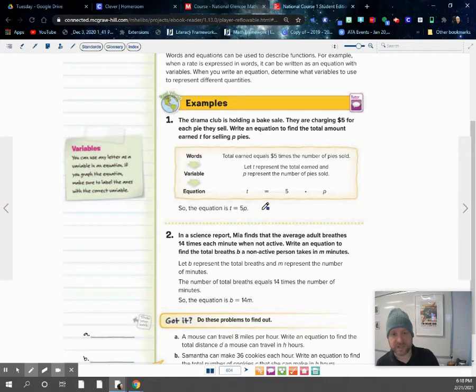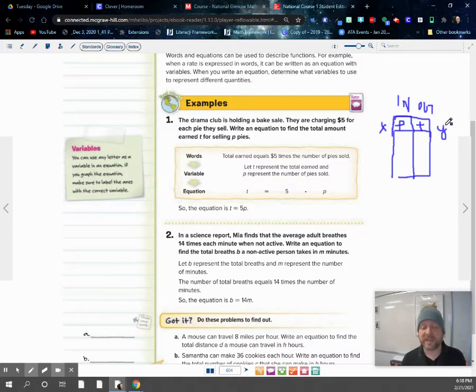There's our equation. Now, if we were to put this into a function table, it would look something like this. We would have our table, but instead of x and y, in this case, you would have P as your input, and your output would be T. This would basically be your x value, and this would be your y value.